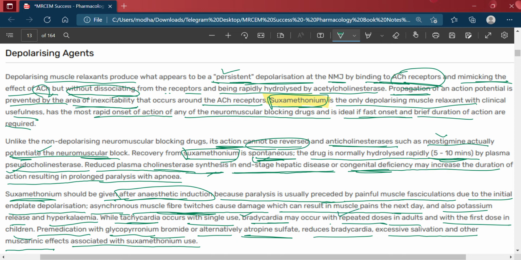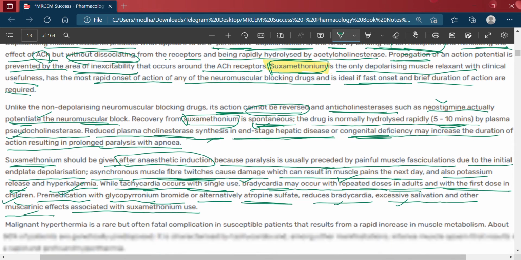There is also potassium release and hyperkalemia, with tachycardia with the first single dose, and bradycardia may occur with repeated doses in adults and with the first dose in children. Premedication with glycopyrronium bromide or alternatively atropine sulfate reduces the bradycardia and excessive salivation and other muscarinic effects associated with suxamethonium.